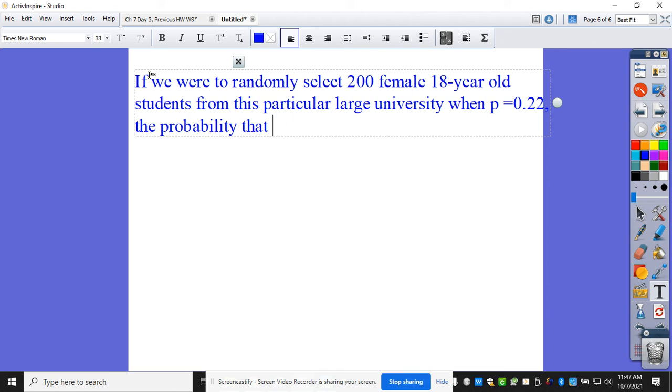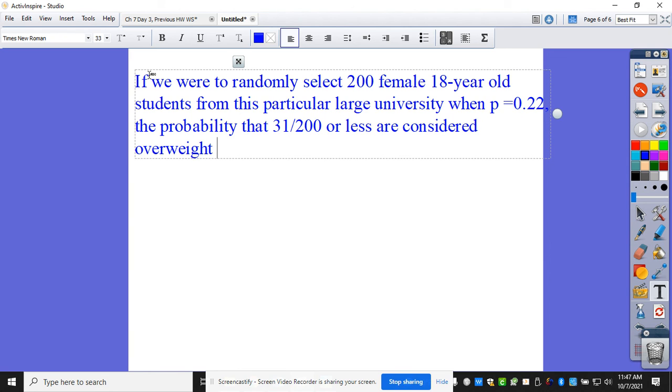Okay. Probability that 31 out of 200 or less. What? Is 0.0132.